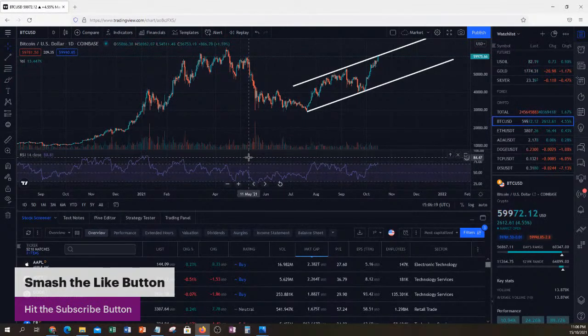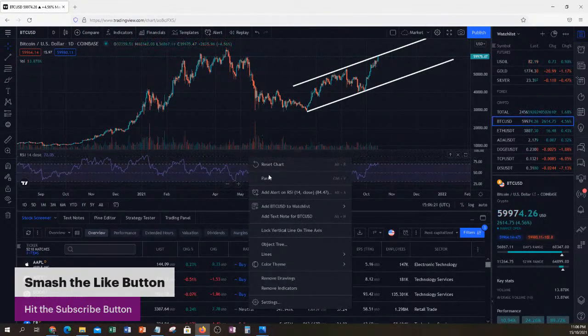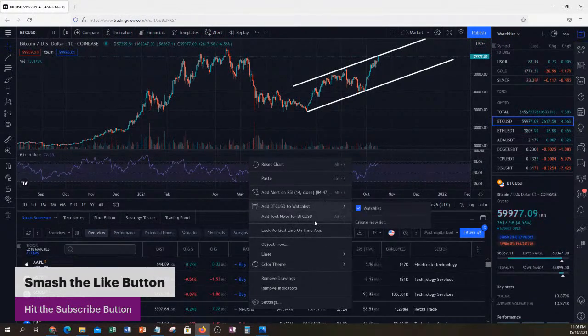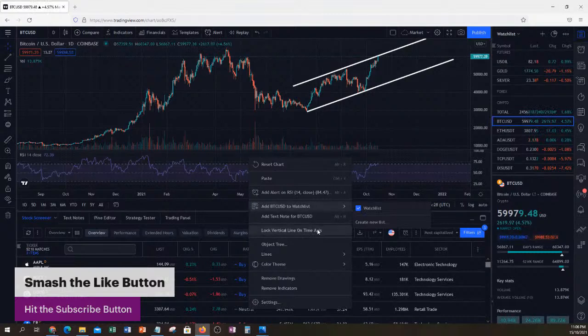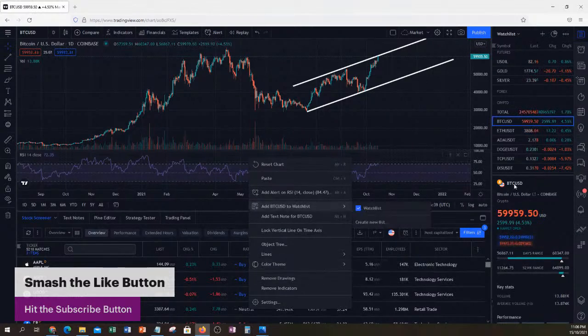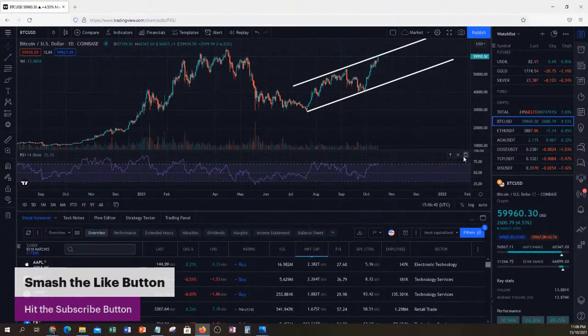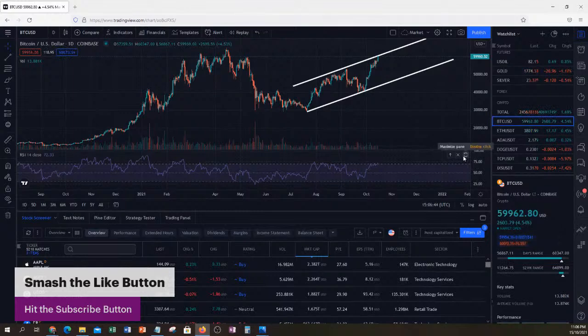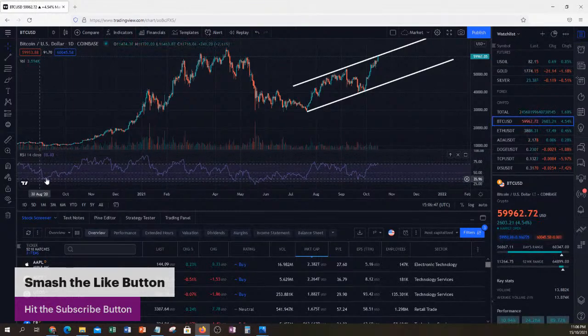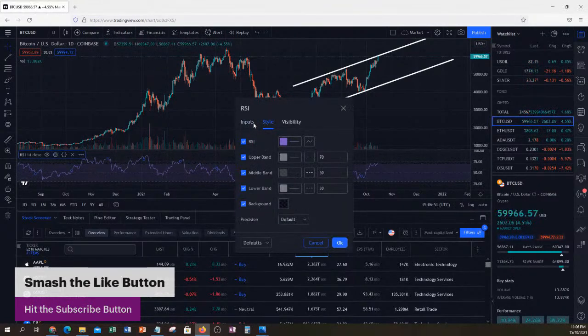Let's see if I can actually add this to a new slot. Okay, for some reason I can't add this here. Let me see if I can maximize this. Let me go to the settings.